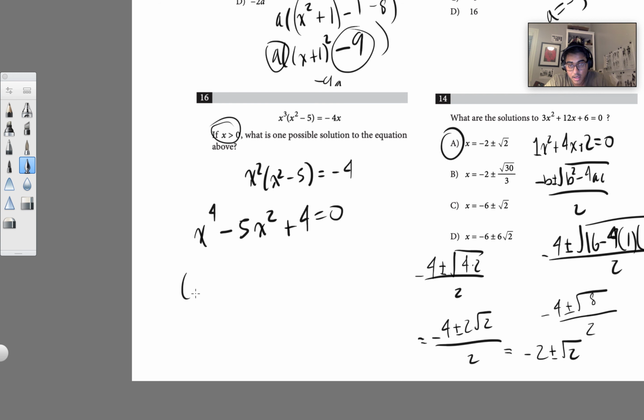This becomes x squared minus 4 times x squared minus 1, which is equal to that, right?